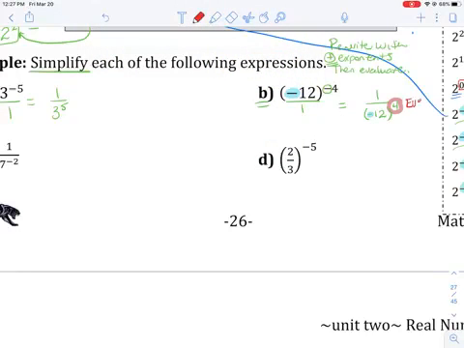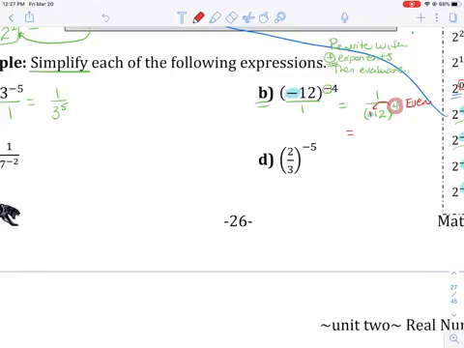Okay, because this is even, now we can use our math knowledge that if I raise a negative number to an even exponent, it will become positive. So when we expand this and evaluate, let me grab my calculator quickly.